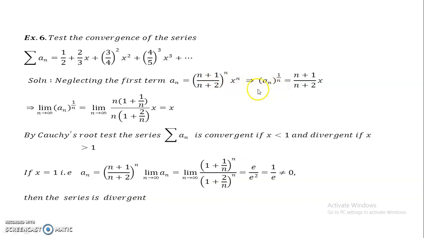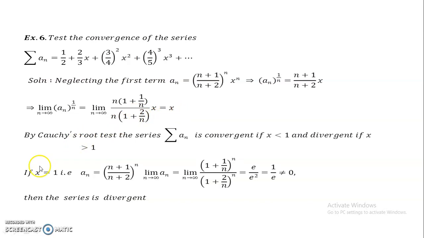We take the power of 1 by n, and apply the limit as n approaches infinity. Finally we have x there. According to the Cauchy root test, the given series is convergent only if x is less than 1. If x is greater than 1, the given series is divergent.